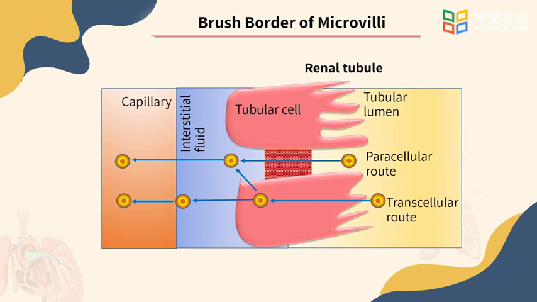The nephrons are surrounded by the peritubular capillaries. Solids and water are returned to the peritubular capillaries by reabsorption. At the same time, a few solids are excreted from the blood through the peritubular network into the tubular filtrate.